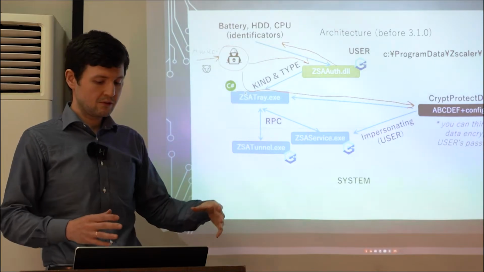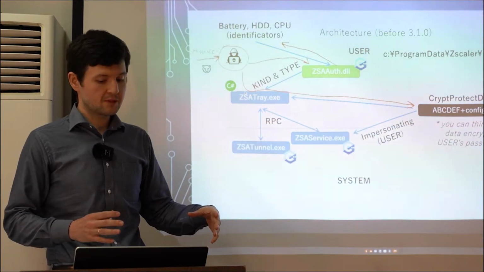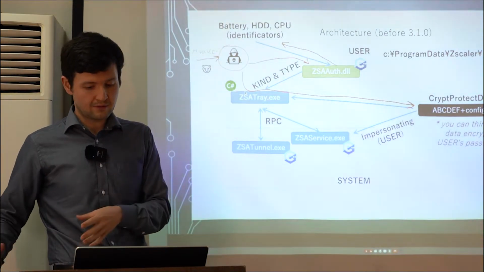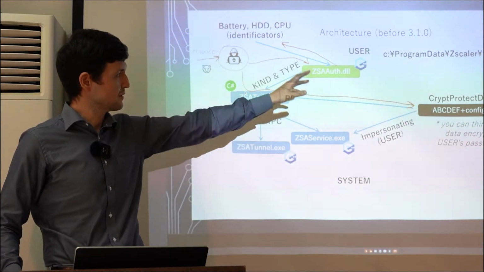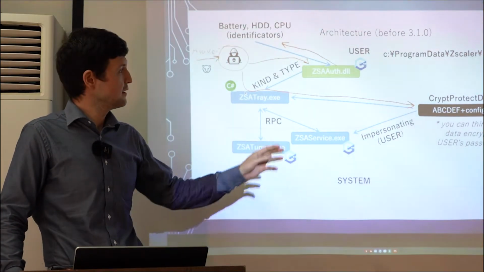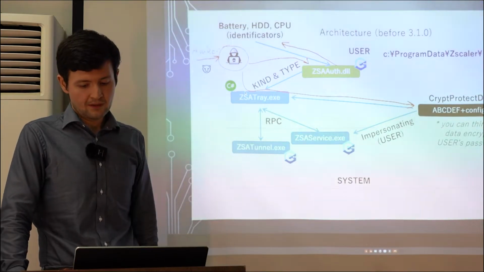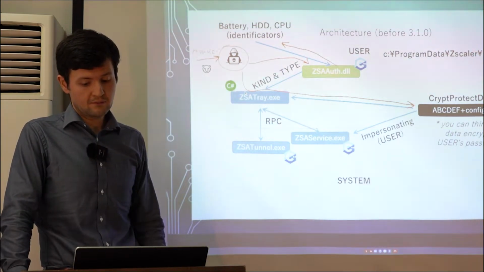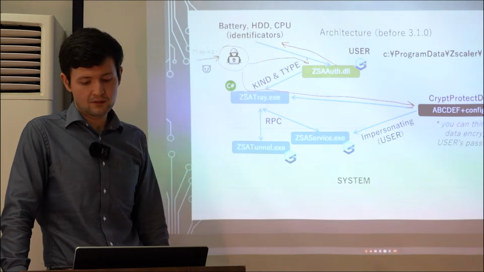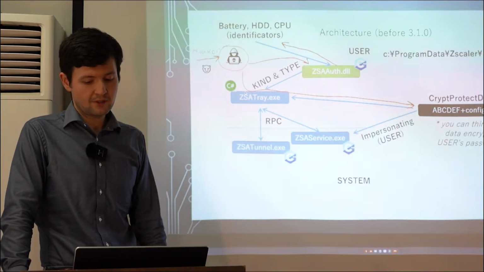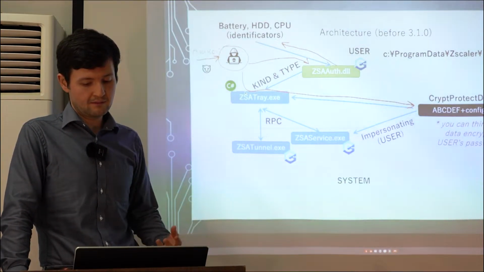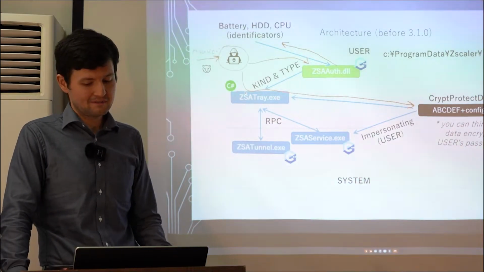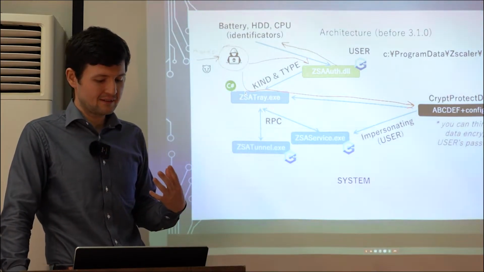And it would use them as a decryption key for its own config that was stored in the C program data file, ProgramData ZSCALER. But it was protected only by CryptProtectData, which is the Windows API of the DPAPI framework. And even worse, it was using the current user session.